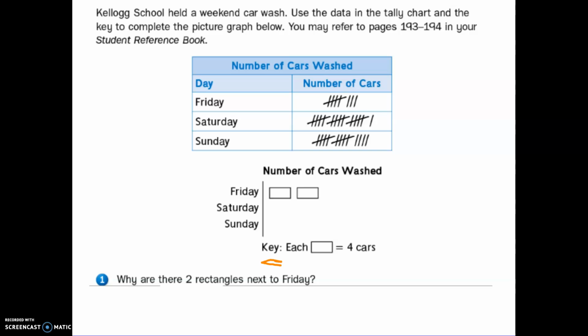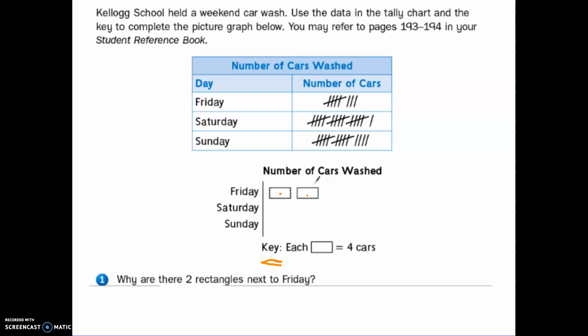So on Friday, they washed 8 cars. So they have 2 rectangles because each rectangle means 4 cars. So 4 cars, 8 cars. On Saturday, they washed 16 cars.